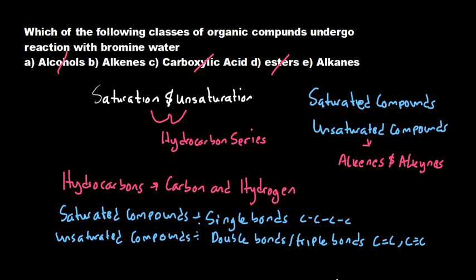Now, one thing I want you to take note of as pertaining to this question, and I would like to write it up for emphasis, is that alkenes and alkynes would what? Would decolorize bromine water.